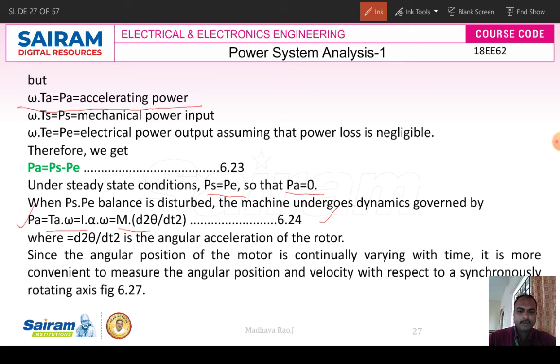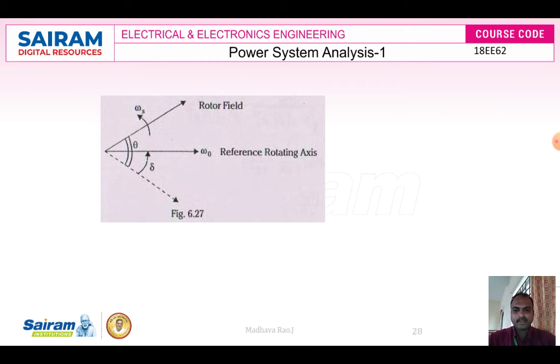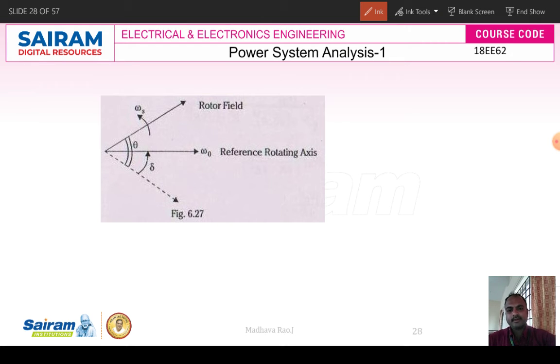Since the angular position of the rotor is continually varying with time, it is more convenient to measure the angular position and velocity with respect to the synchronous rotating axis. Here we can see the figure of the synchronous rotating axis, the reference rotating axis, and the rotating rotor field.